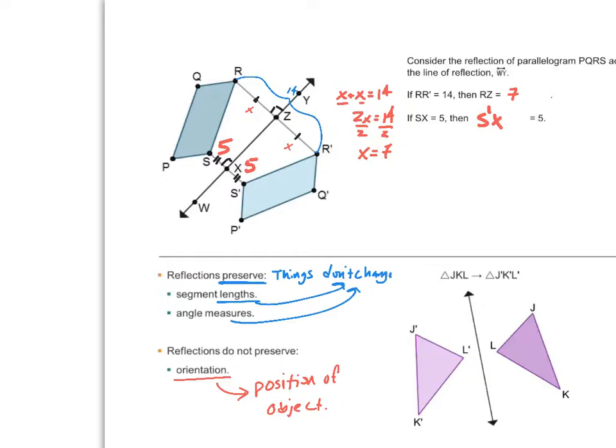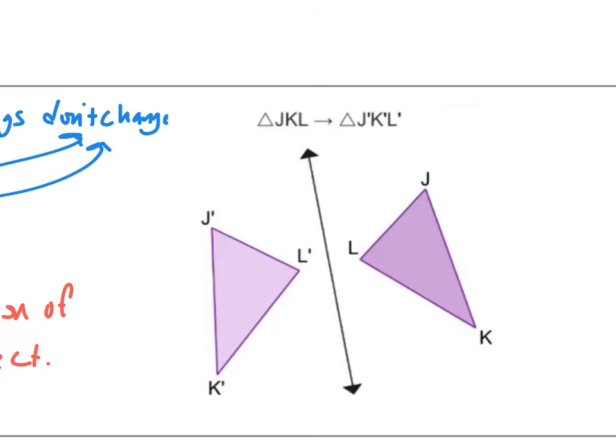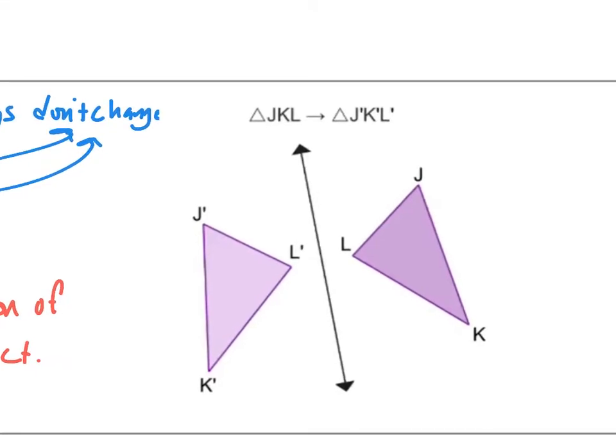Okay, and let's take a look at this other example down here. Now, what I know is that triangle JKL is mapped to J prime, K prime, and L prime, all right, and that's what that means here, that this is mapped, and it's done through a reflection. Here's what I know.